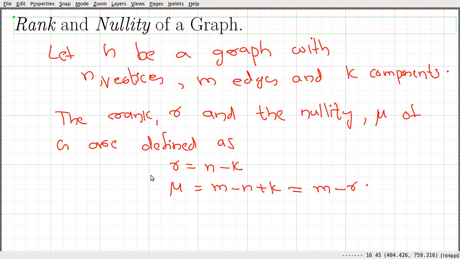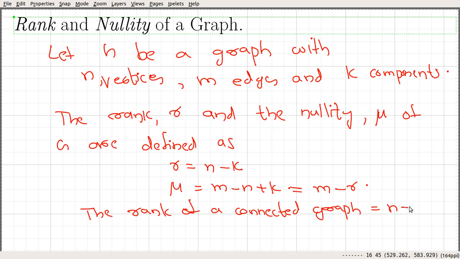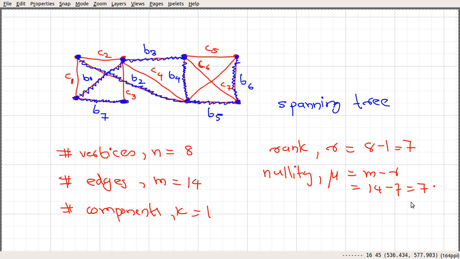Very easily we can see that the rank of a connected graph is going to be equal to n minus 1, since we have one component there. That's what we saw here: the rank of this connected graph is 7, and that 7 corresponds to the branch edges of a spanning tree in that graph.